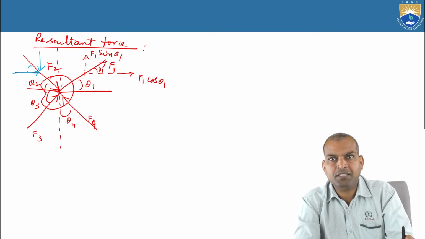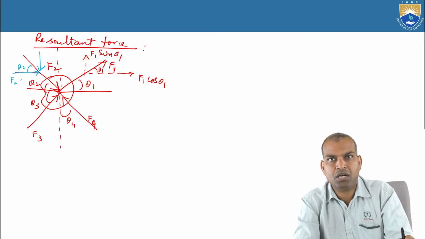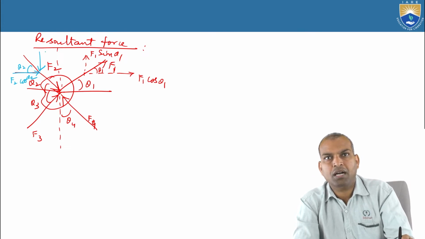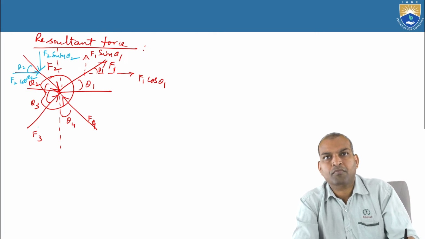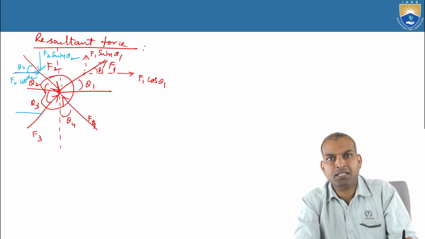Then for this component with theta 2, it becomes F2 cos theta 2 and F2 sin theta 2. Next, make it horizontal and vertical; it is towards downwards here, horizontal, and vertical. For theta 3, that is F3 cos theta 3, and F3 sin theta 3.